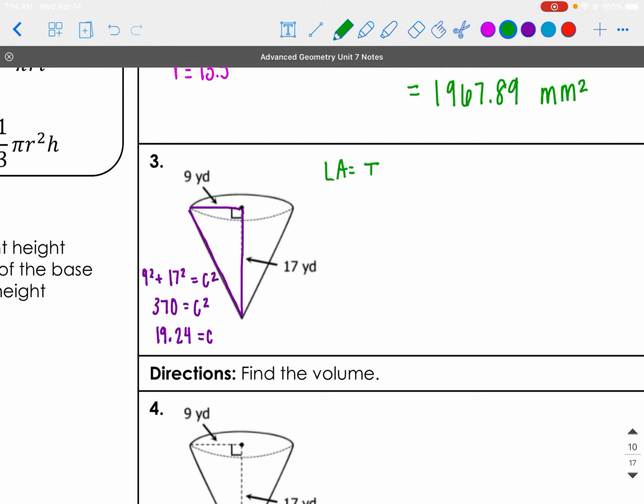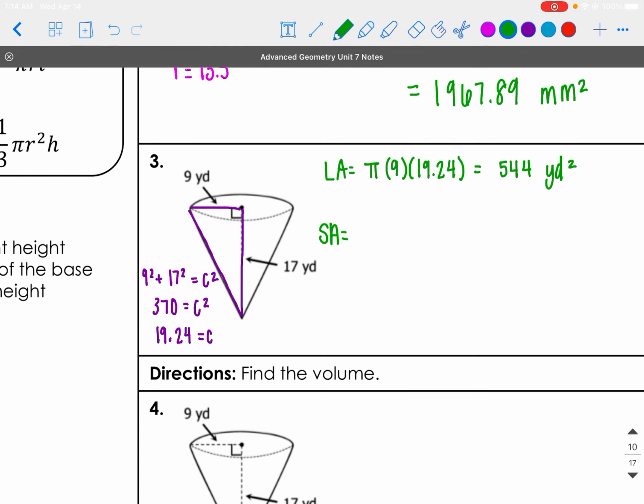So lateral area, pi times r times L. And that's 543.998, so let's just round up to 544 yards squared.